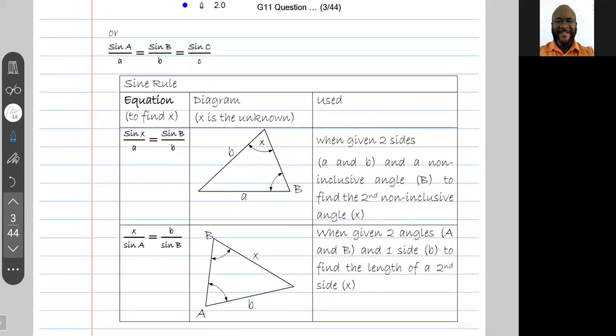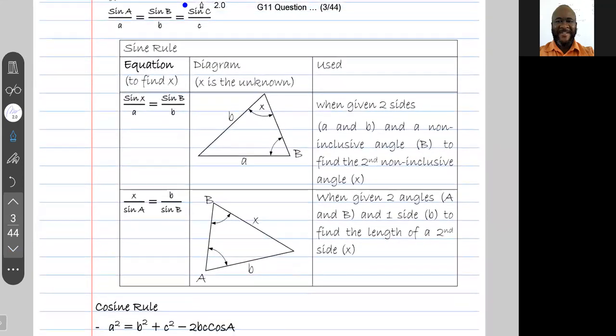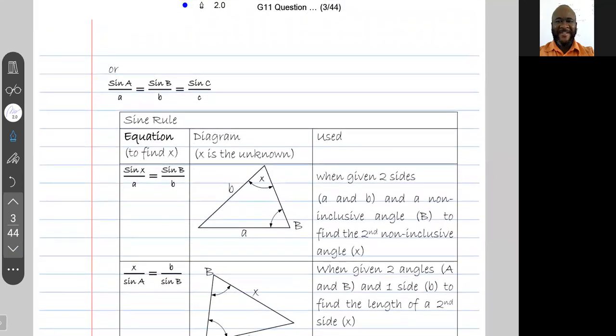All right, now sine rule, when do we use it? Whenever I'm using sine rule, whatever I want, I start with that.